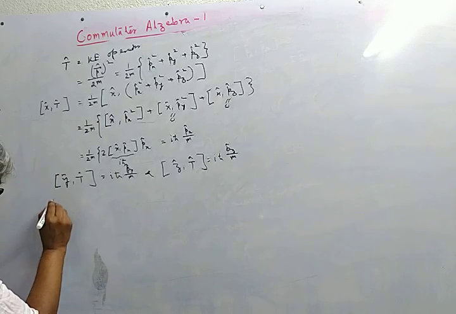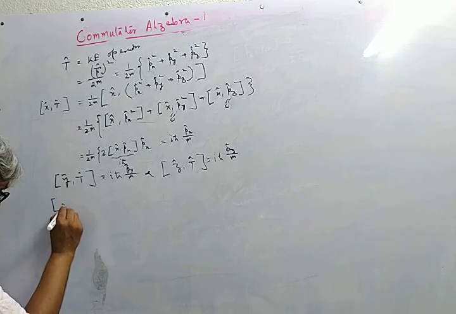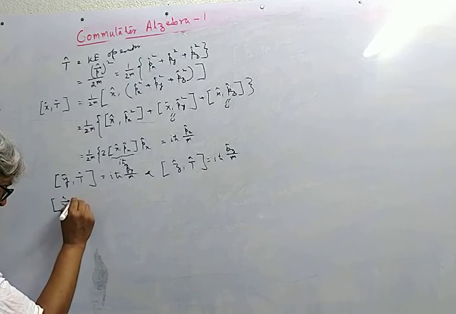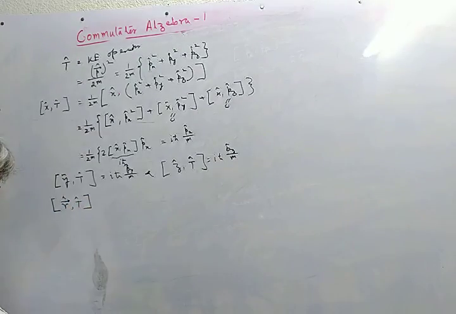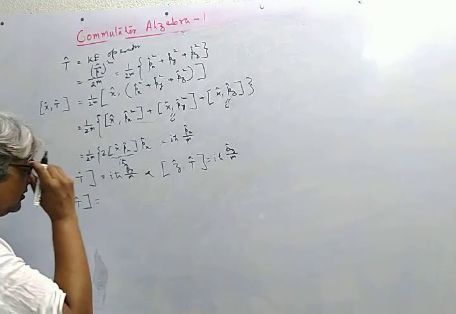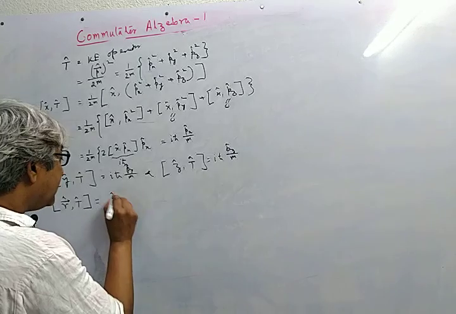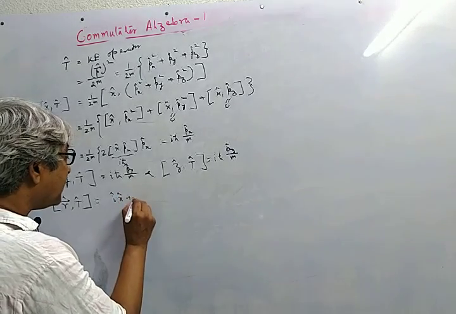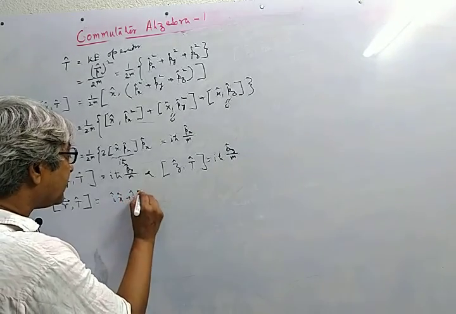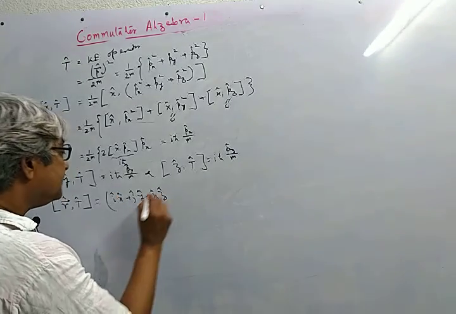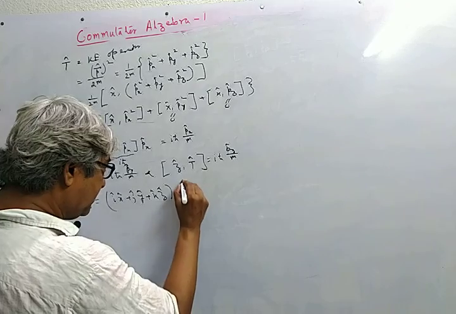So now I come to this commutator relation: the vector operator r with T. This part is i cap x operator plus j cap y operator plus k cap z operator, and this is times the T operator.